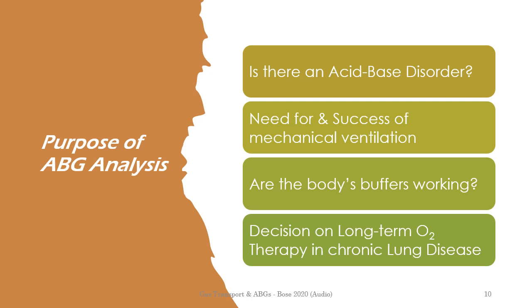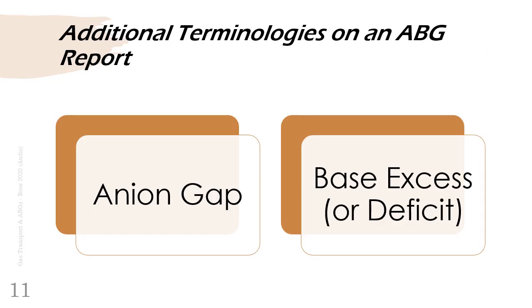The arterial blood gas also supports decision-making on long-term oxygen therapy needs in chronic lung disease. Some other terminologies on an ABG report include anion gap and base excess, which I have used previously. Let us look in the later sections at what they mean.